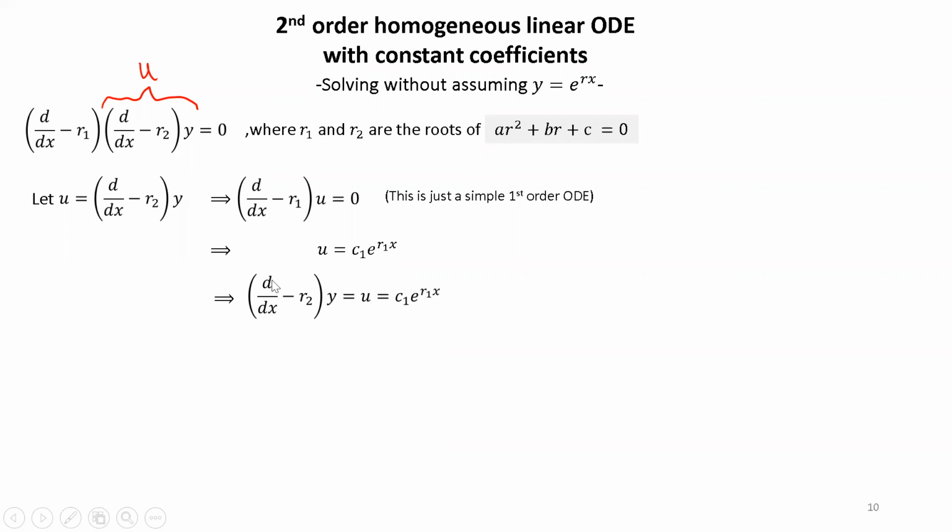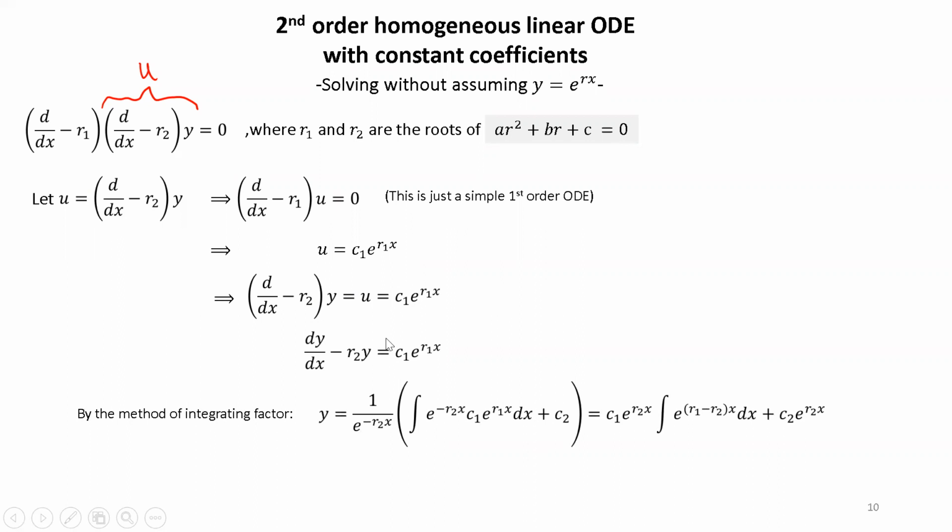That's what we lack. And this u, we have figured out already, is a function of x. So then I need to solve this equation to finally get y as a function of x. This equation again is just a first order ODE.